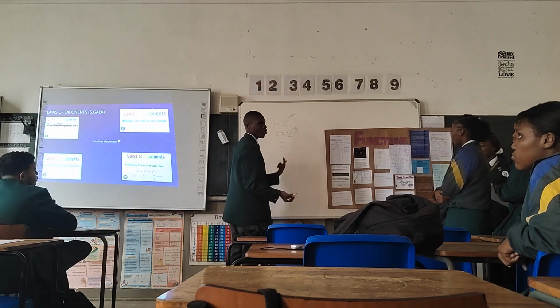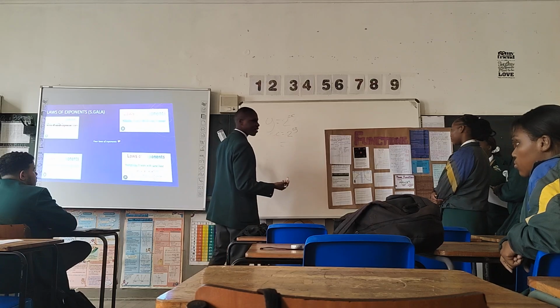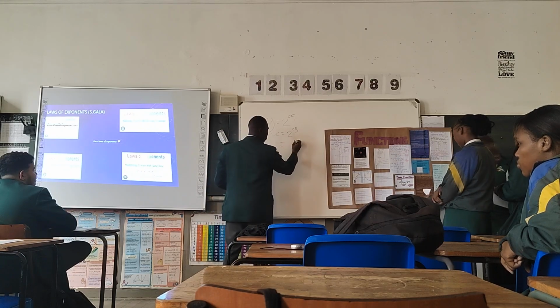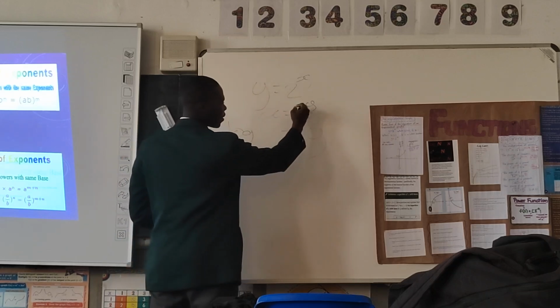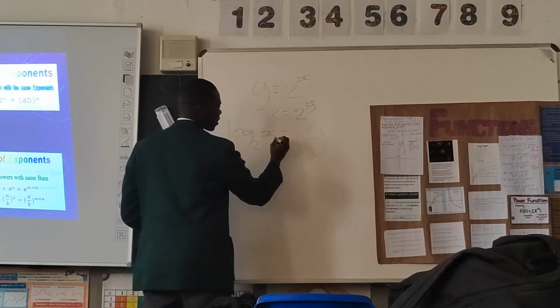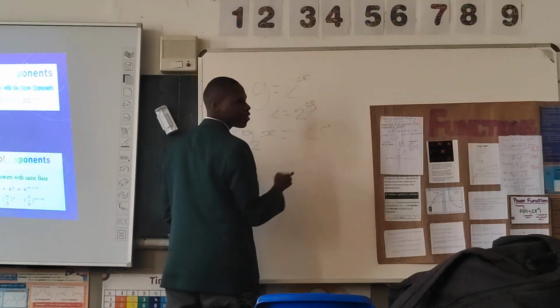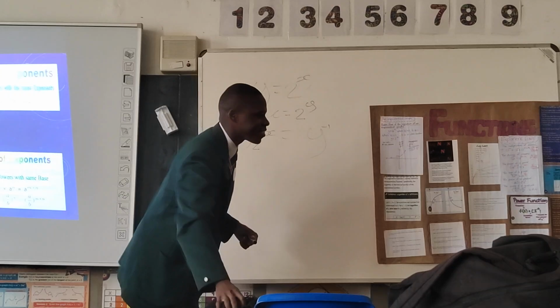What we learned in grade 12, we can use logs. So we can say y is equal to log base 2 of x. Then this is the inverse of the exponential graph, which is called the log graph. Thank you.